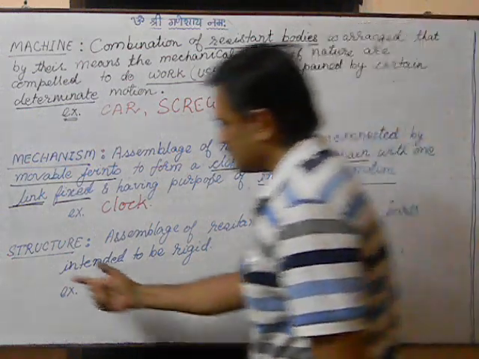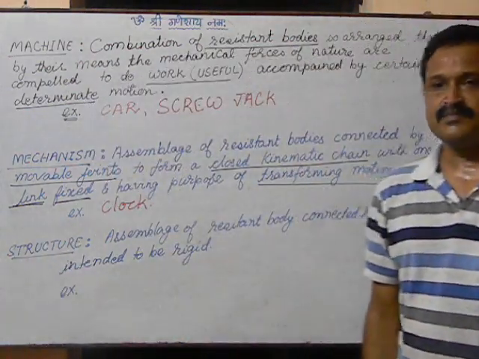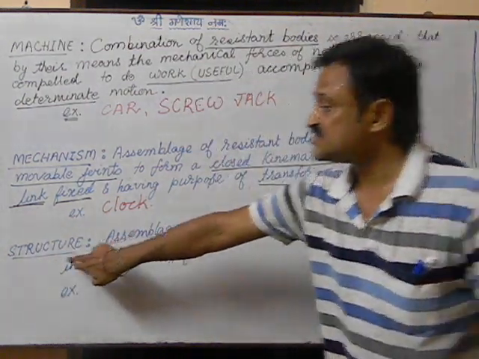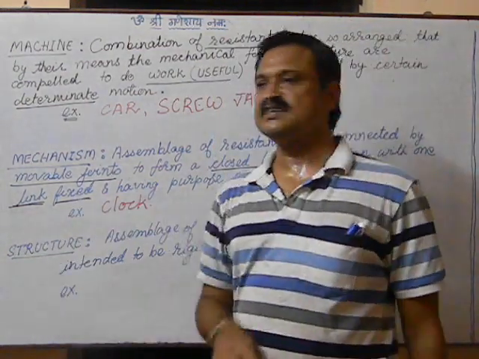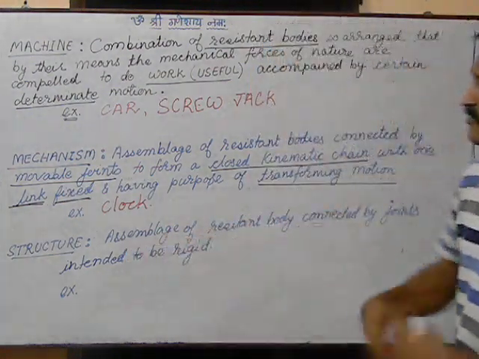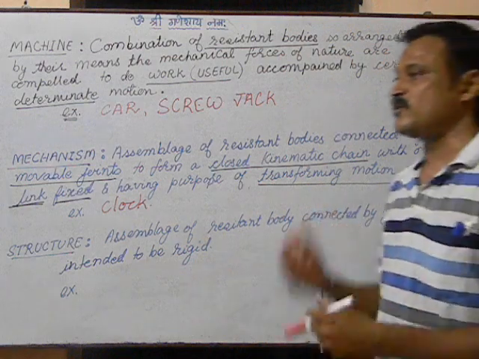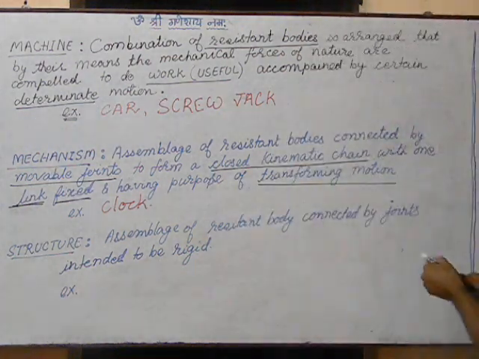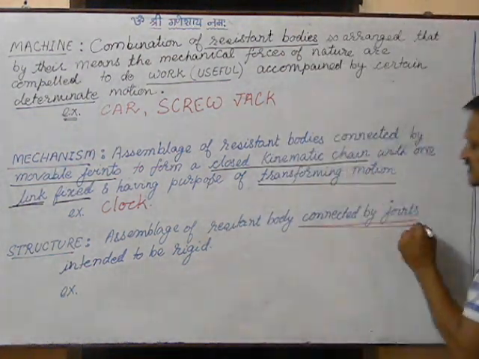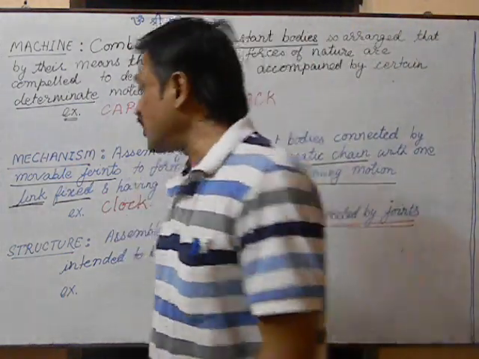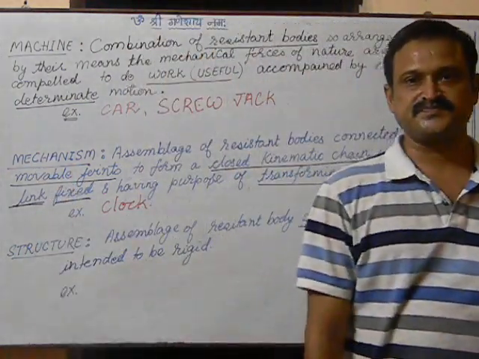Now the third thing which we were talking about is structure. Again, if you see a structure also we can define it as assemblage of resistant bodies connected by joints. Here also we are saying that they are connected by joints, but these are not movable joints.